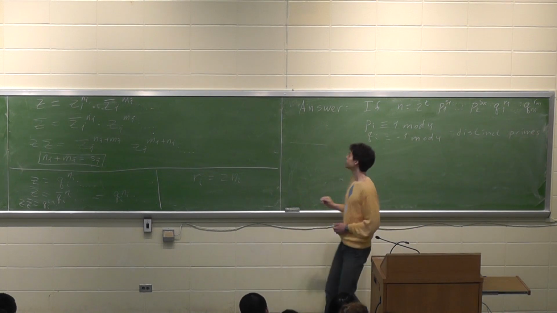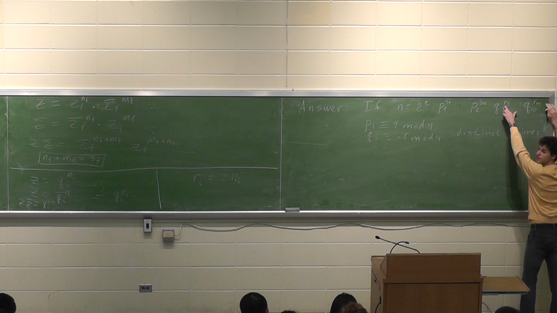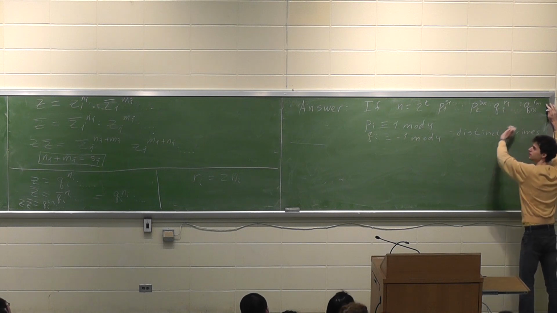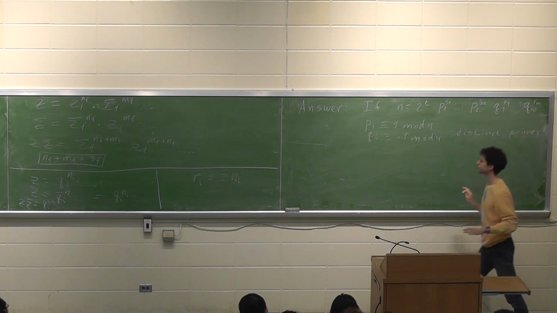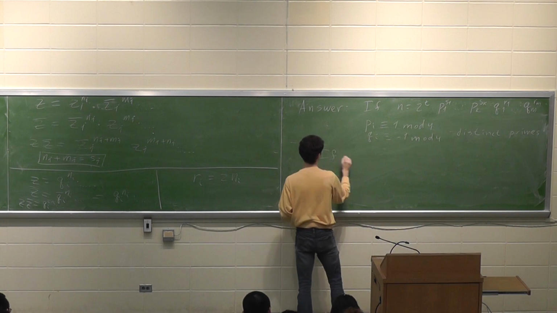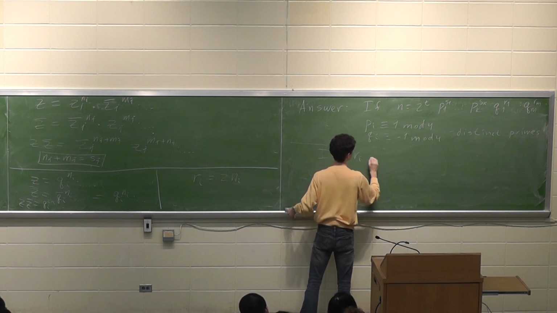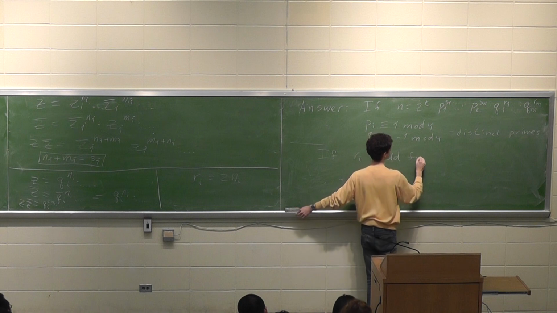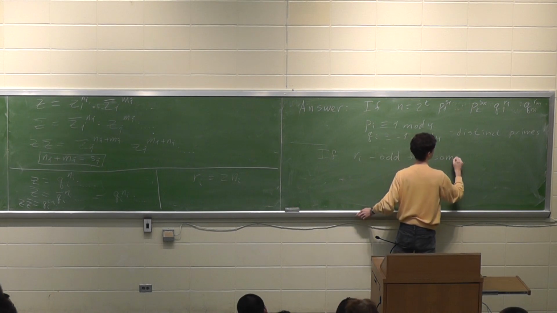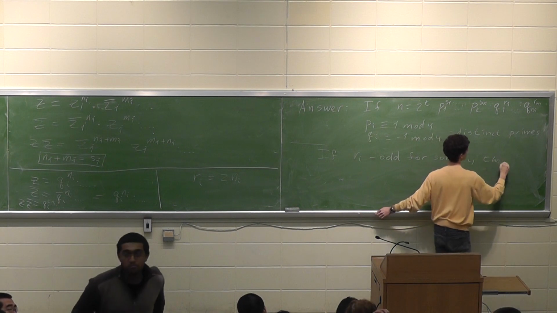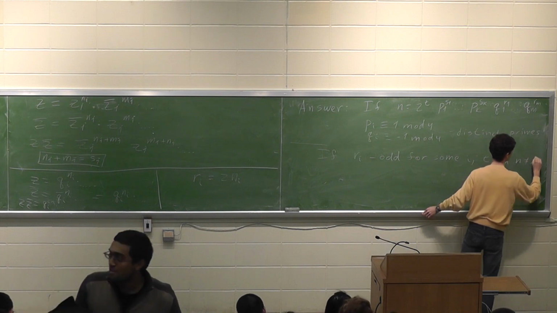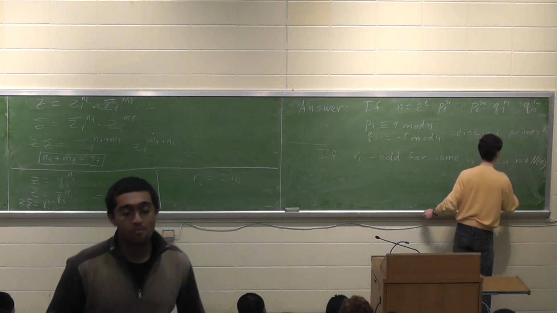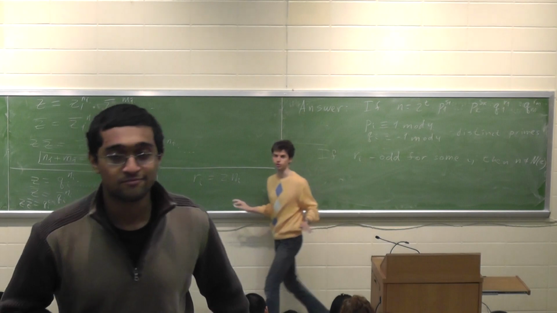First consideration: if one of these numbers is odd, then this number n is not a norm. So if Ri is odd for some i, then n is not a norm.